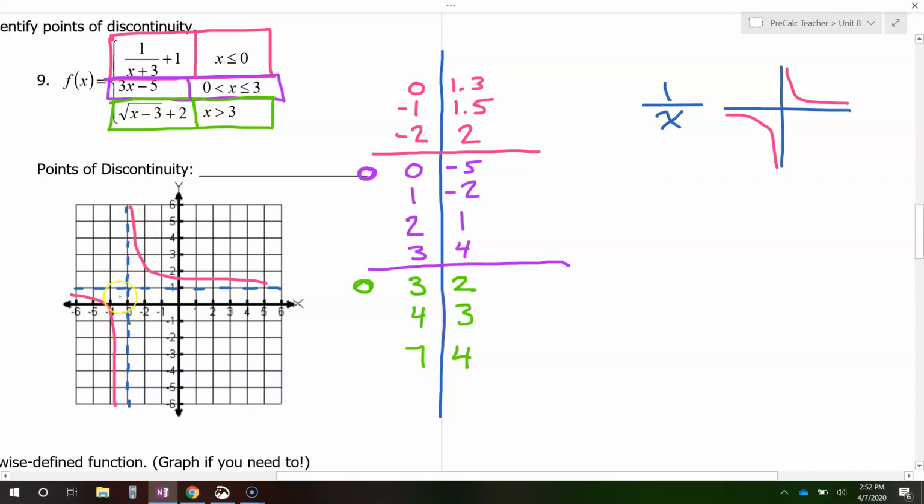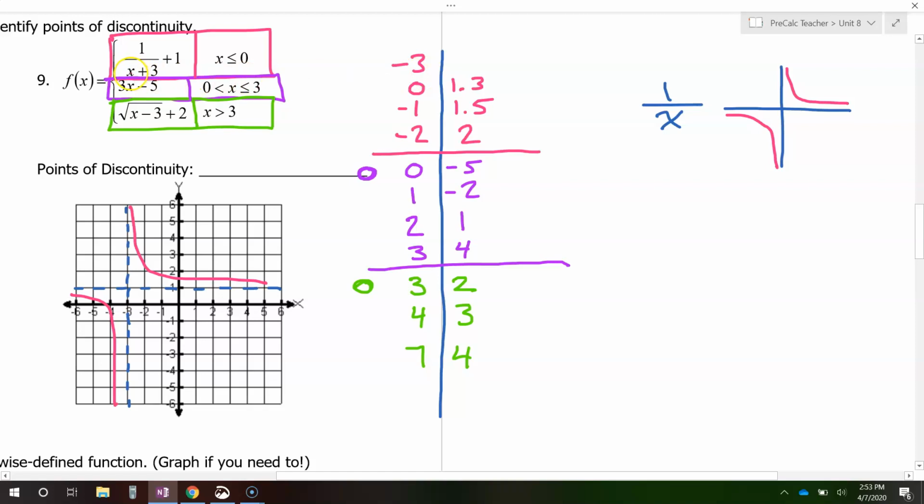Notice that we really need to skip over -3 because that's an asymptote. All right, because remember, the domain is x is less than or equal to 0. So I started at 0 and I was picking numbers that were less than 0. And if you picked -3, what would happen?